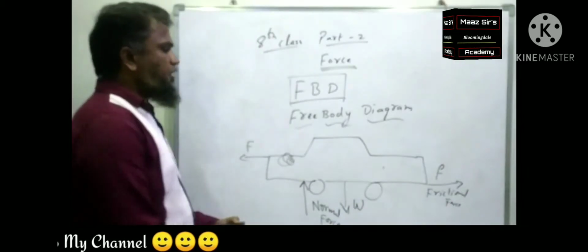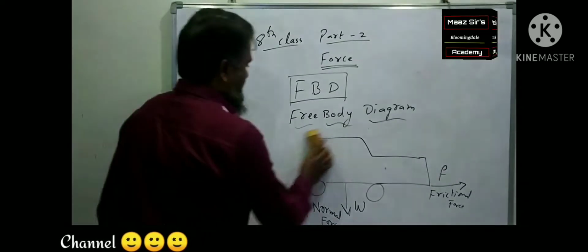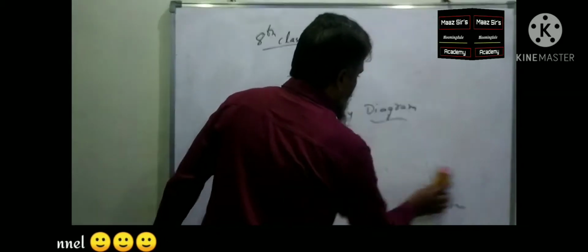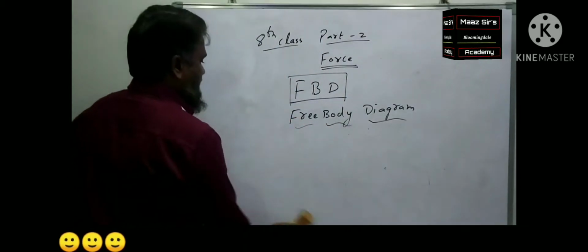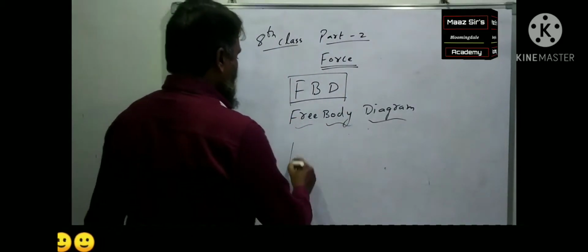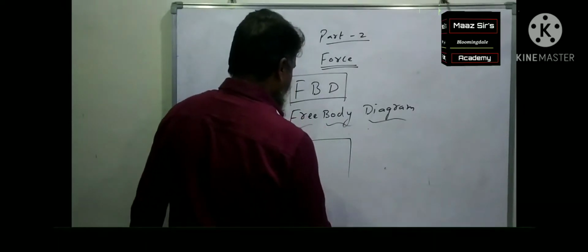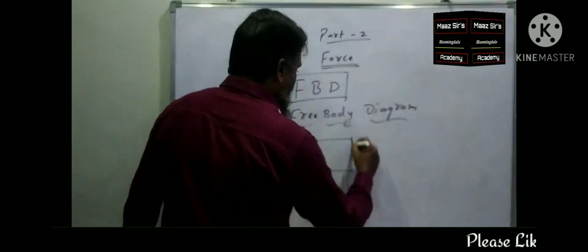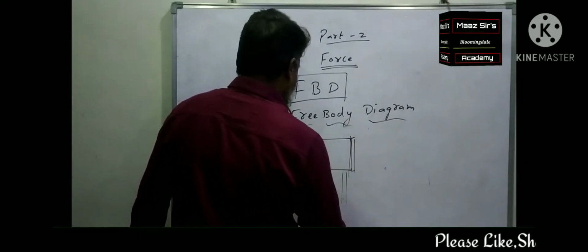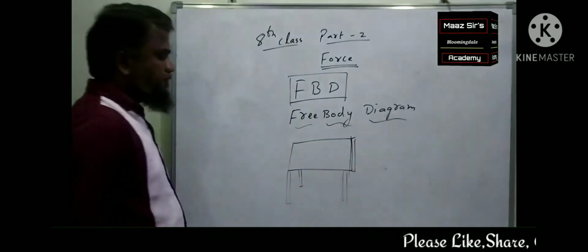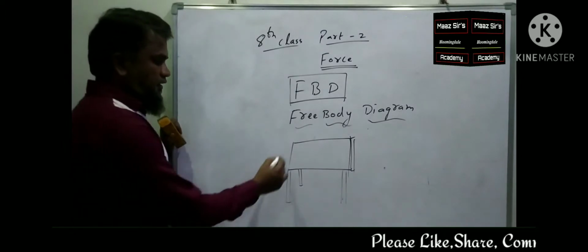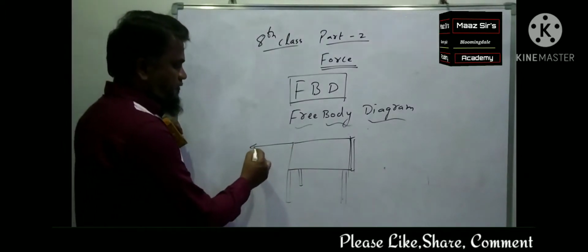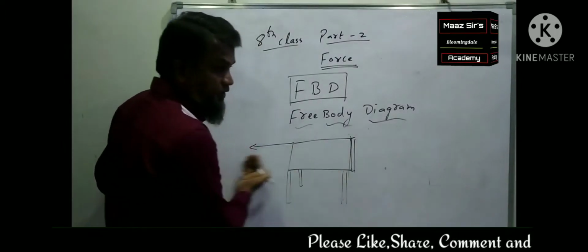If you take any other object, for example a bench or a table, let us take a table. So this is the table, and it is exerting some force. Let us imagine that someone is pushing the table in this direction.